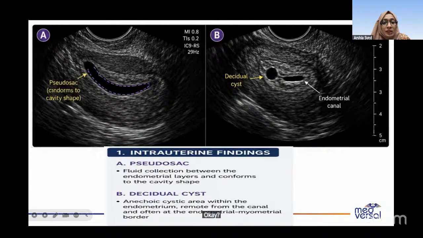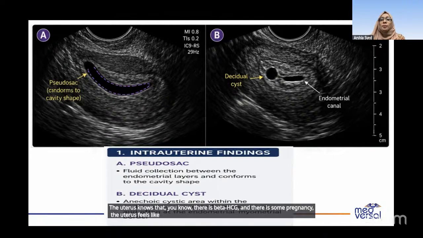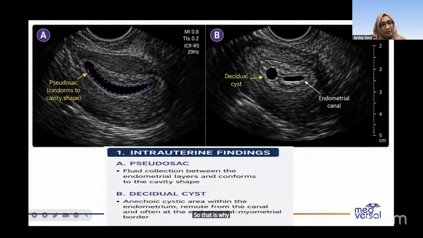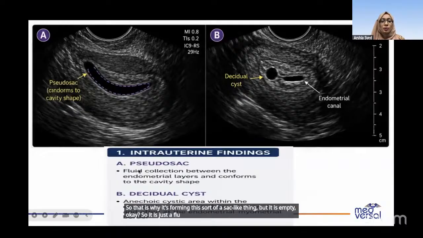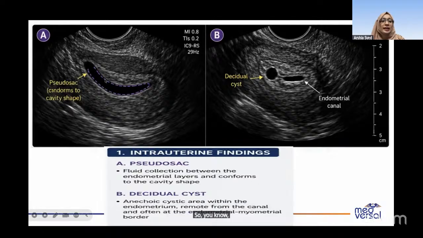So this is a pseudo sac, in the sense the uterus knows that there is beta HCG and there is some pregnancy. The uterus feels like it should prepare itself, so that is why it's forming this sort of sac-like thing, but it is empty. So this is just a fluid collection between the endometrial layers, and it takes the shape of the uterine cavity. Okay, so that is a pseudo sac.